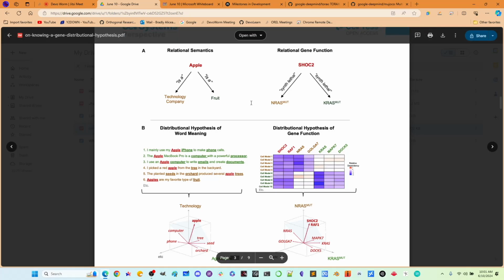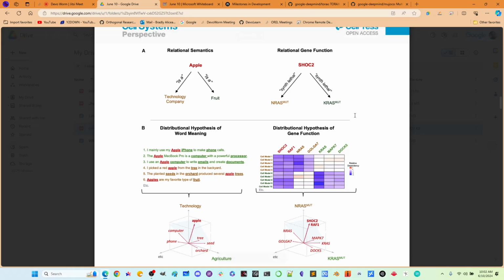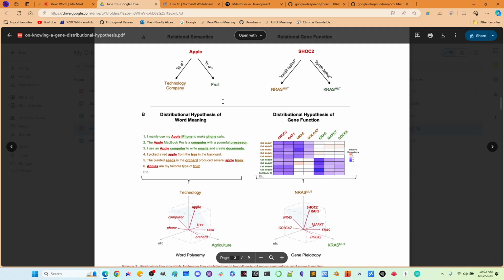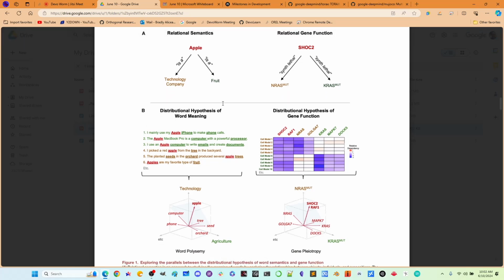And so we have single genes, like single words, that have multiple states of expression or multiple meanings. They're drawing upon this distinction. But these is-a statements are basically saying that there's a one-to-one correspondence between a gene and a function, just like there's a one-to-one correspondence between a word and a meaning. Now that's the relational semantics model, and that's the old way of thinking about this.